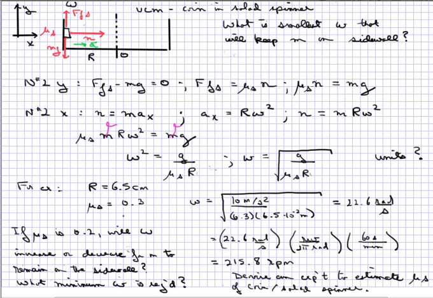So this then is the static frictional force up, and this mg is the weight downwards. And so they have to be of equal magnitude so they can add to 0, since there's no acceleration in the y direction.